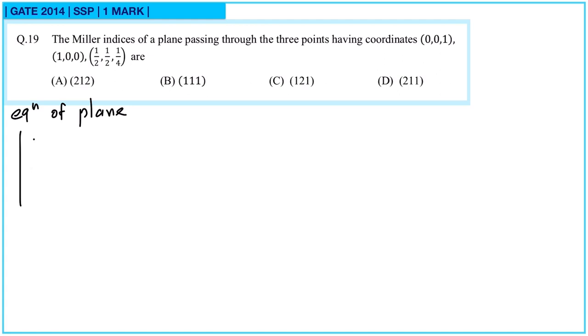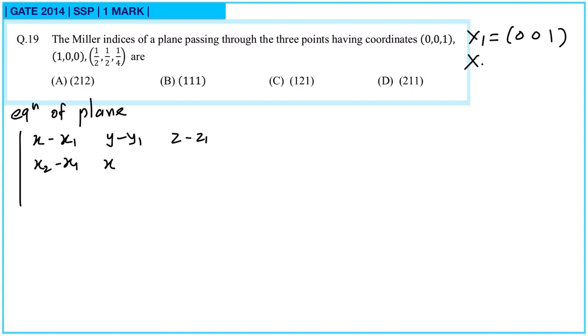So consider a determinant with the first row x minus x1, y minus y1, z minus z1. Here x1 is (0, 0, 1), x2 will be (1, 0, 0), and x3 is (1/2, 1/2, 1/4).